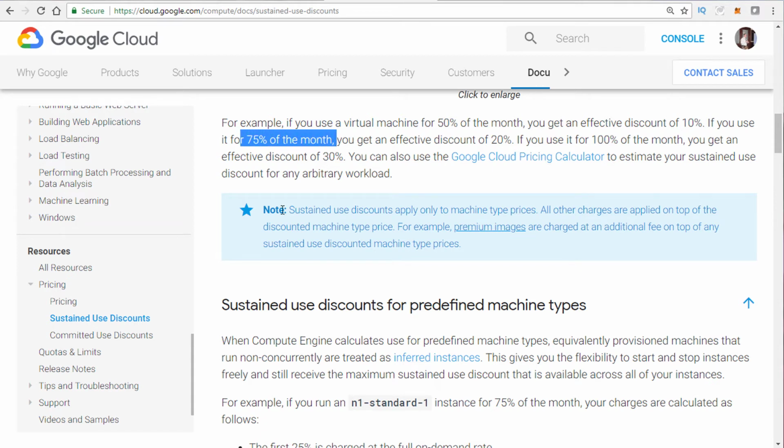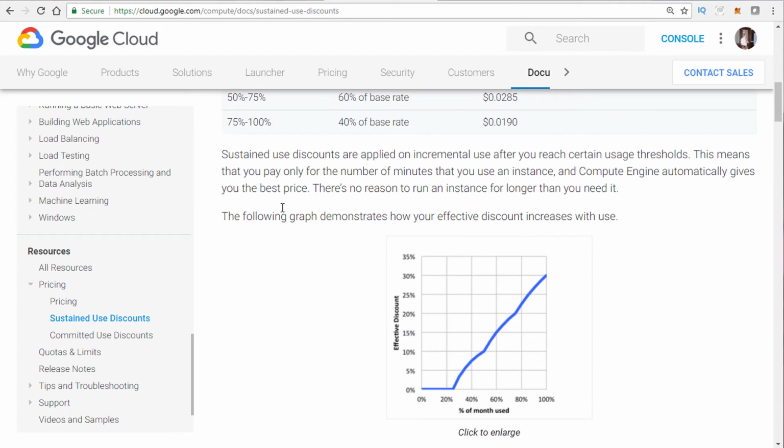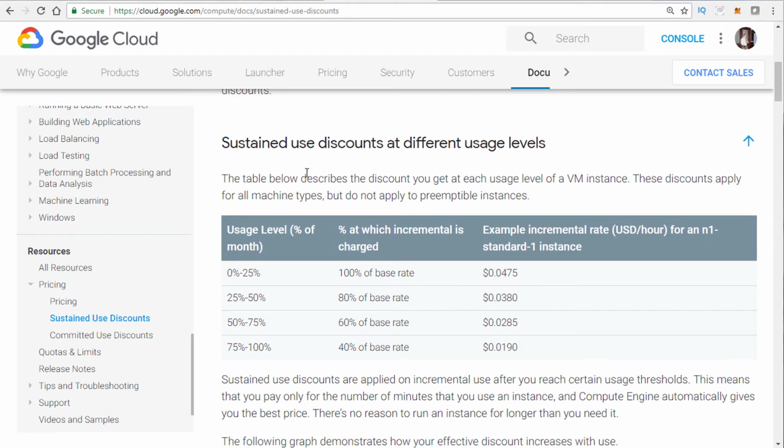And I think it's based on 30 days, even if it's 31 days in the month or 28 days. I didn't get a good answer, but anyways, you get the point. So sustained use just means if you've exceeded using that VM, you will get a discount based on what you're paying for those VMs, right? And the more you use the VM, the greater the discount. Sustained use. Make sure you know what that is.